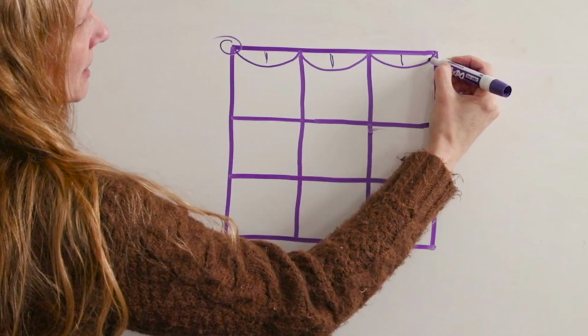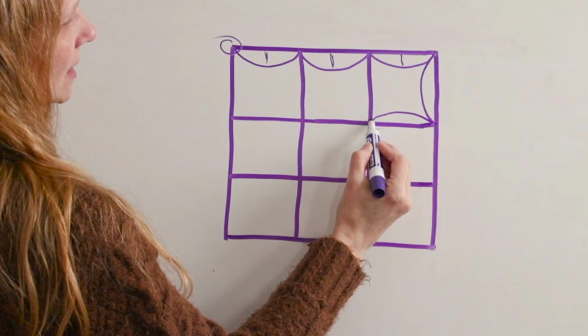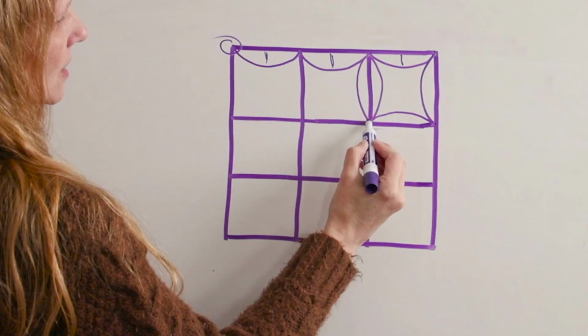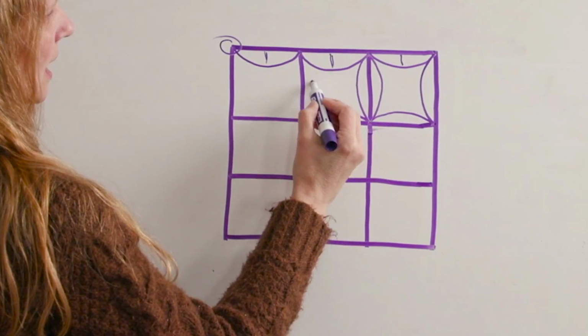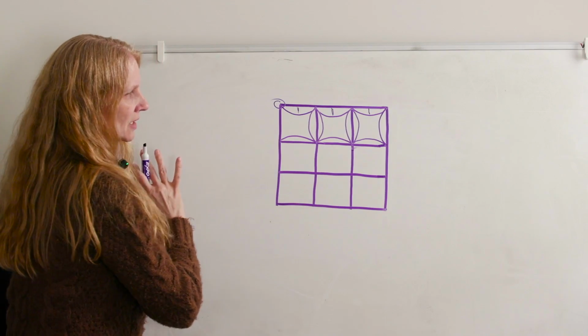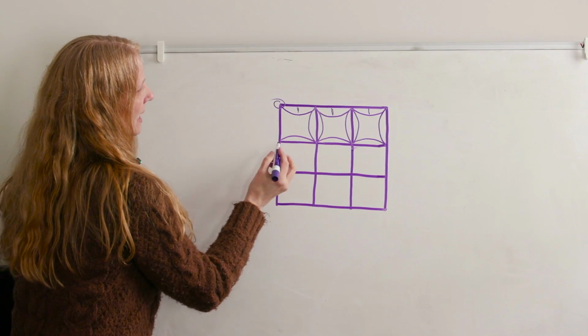Okay, so once I'm here, I'm going to come down, and then I'm going to come over one, and at this point, I'm going to go down, over left, up, down, over left. And then I'm going to repeat that same path for the next two rows. And you'll notice I'm not coming back up yet.